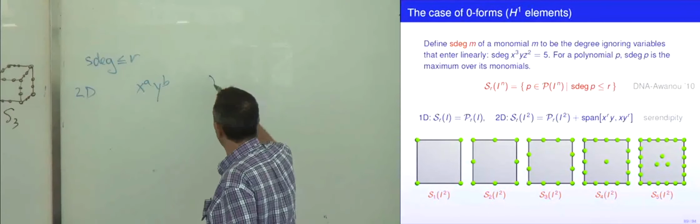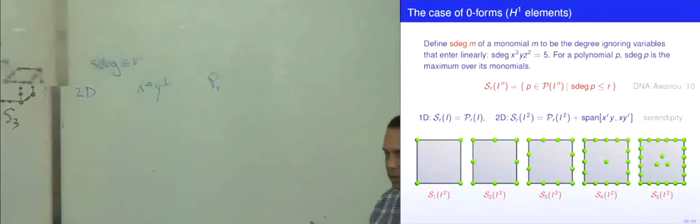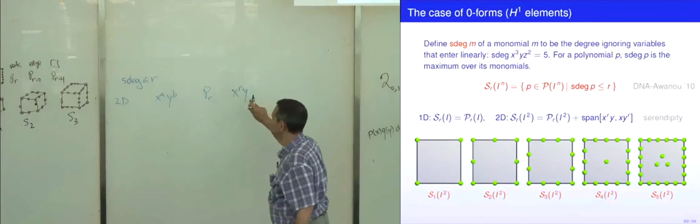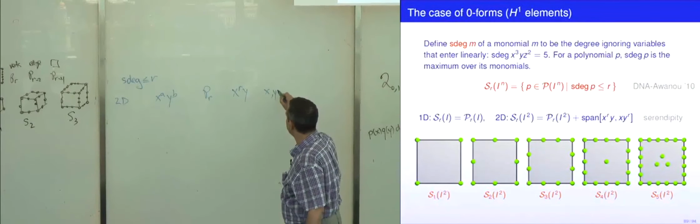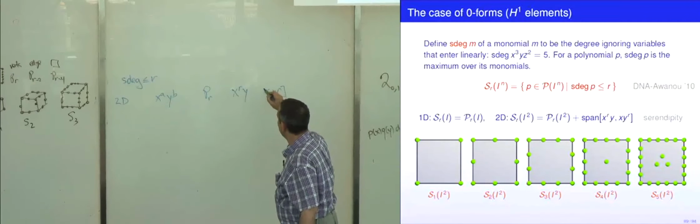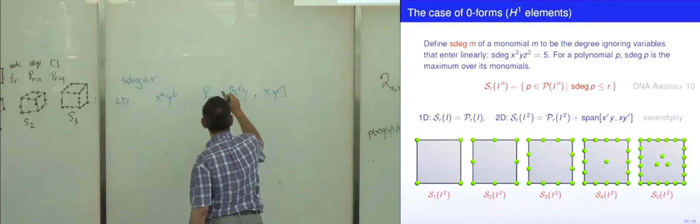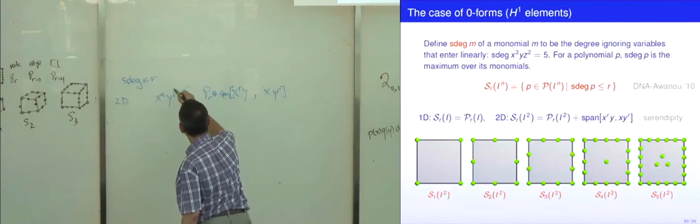So first of all, we get all of PR, things whose whole degree is less than or equal to r. But then we get two extra guys. We get x to the r y, because the superlinear degree is still less than or equal to r, and we get x y to the r. And so if we take the span of these two and add it to PR, that's SR.